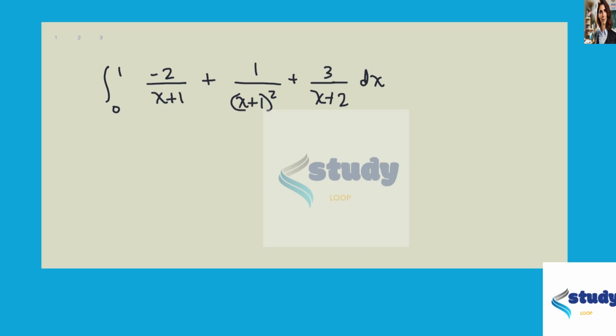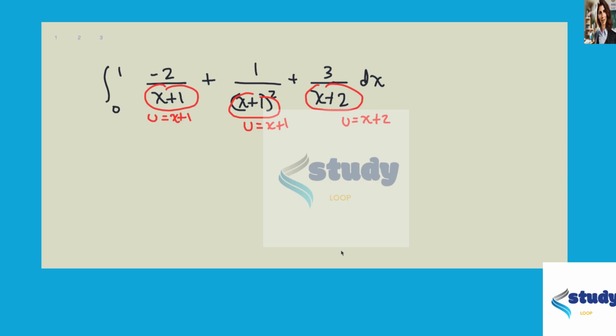And if you don't like these plus 1s and plus 2s on the x, you can go ahead and do a u-sub. For this first one, you could try u equals x plus 1. For the last one, you can try u equals x plus 2. And even for this one, you can try u equals x plus 1 as well.